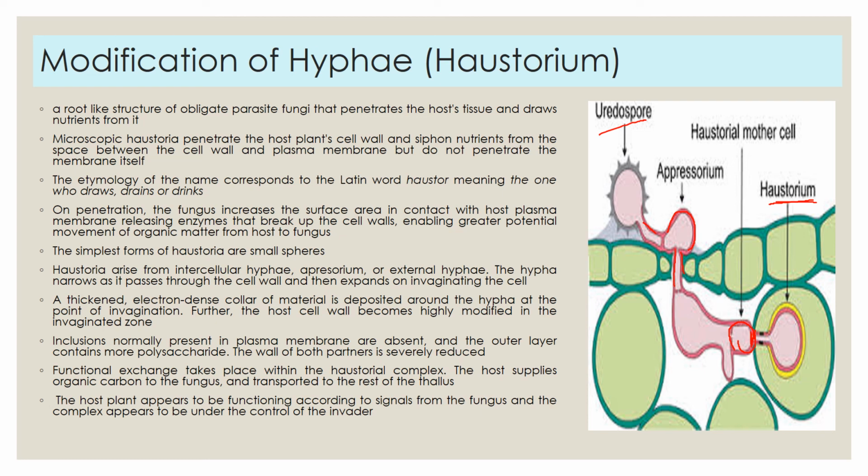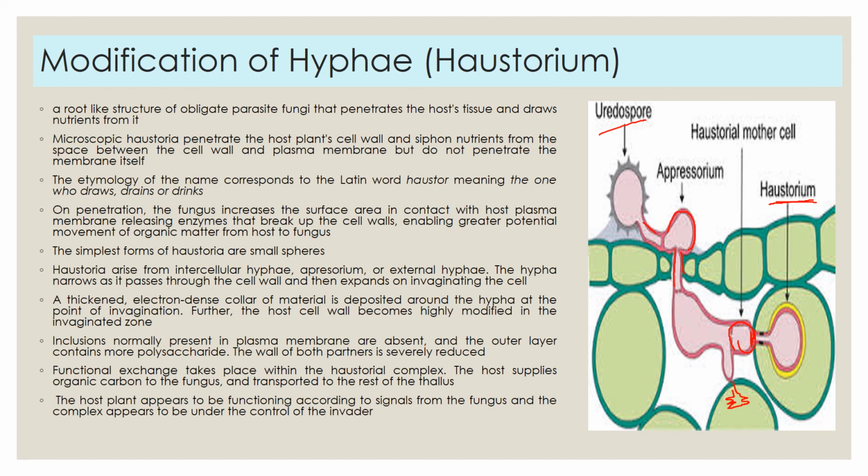Once it is inside the cell, this thin hypha enlarges to form a bulbous structure, or it can also form a finger-like projection, but it will depend upon the species of fungi.